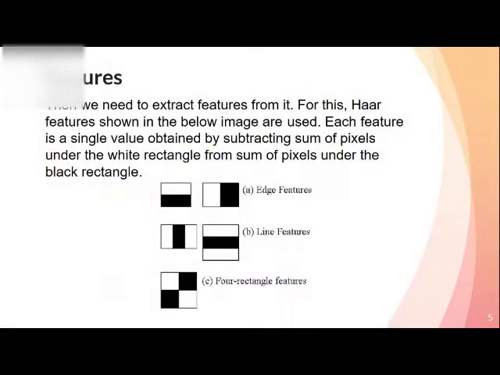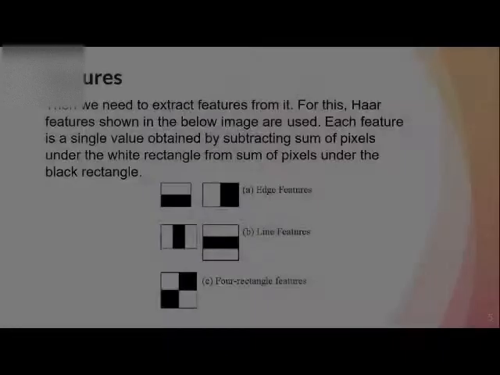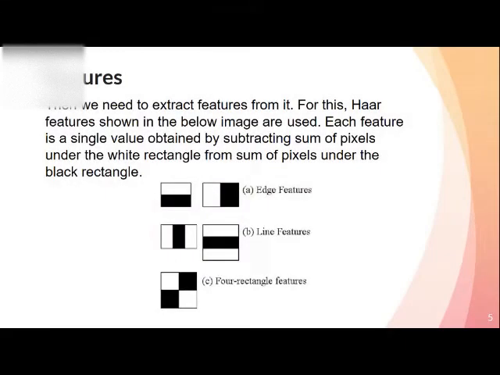Next, in order to train the classifier, we need to extract some information. This information we call features. A feature is a single value obtained by subtracting the sum of the pixels under the white box from the sum of the pixels under the black box.